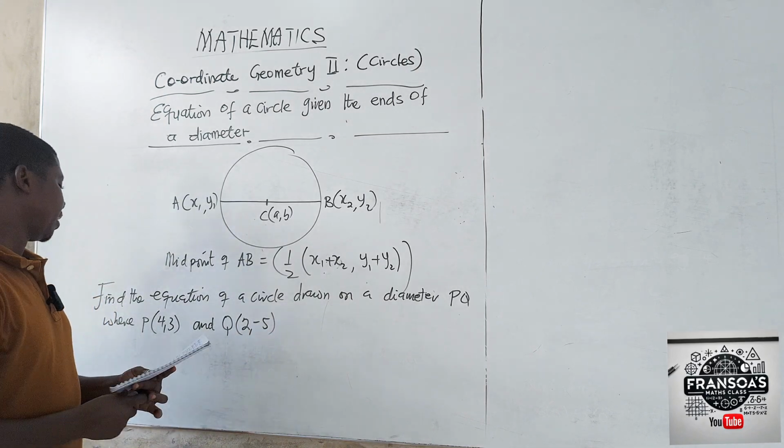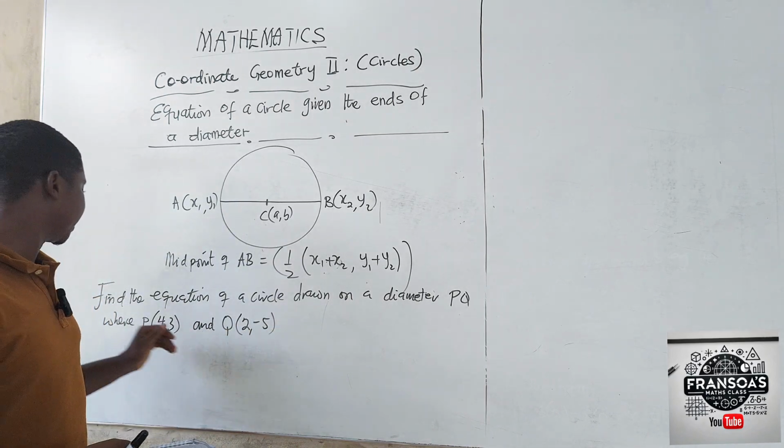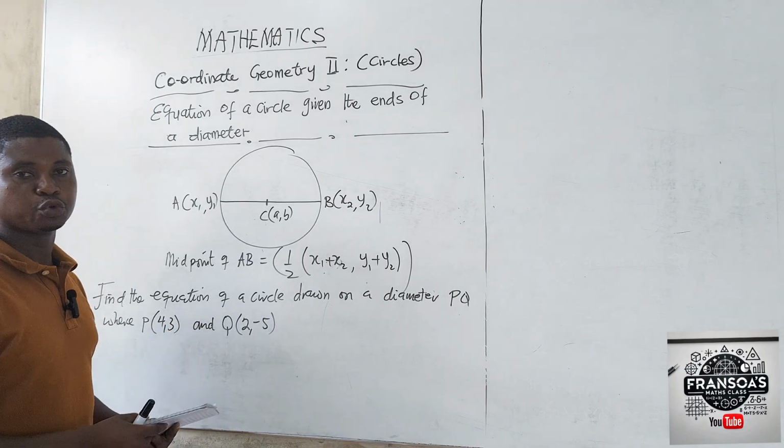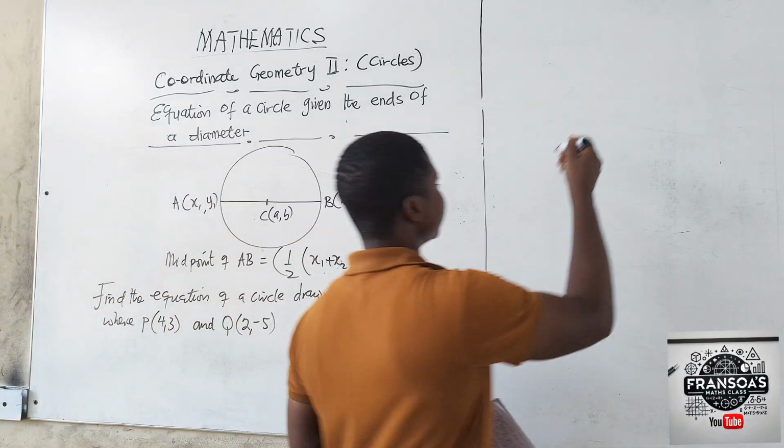So we have the points on the diameter, which are P (4, 3) and Q (2, -5).